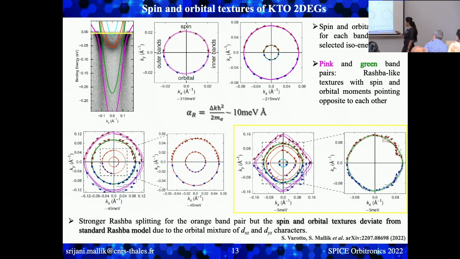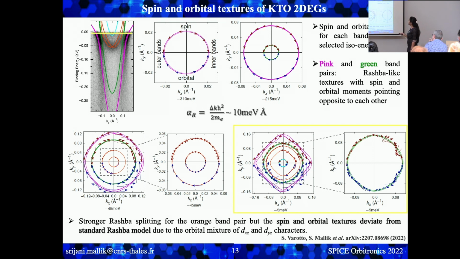So no longer are they circular, they are completely deviating from the Rashba model, giving very complex spin and orbital textures with a 10 pi rotation over the full circle. So it's not at all matching with the Rashba model.